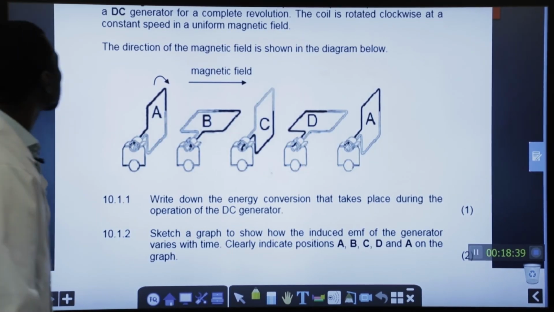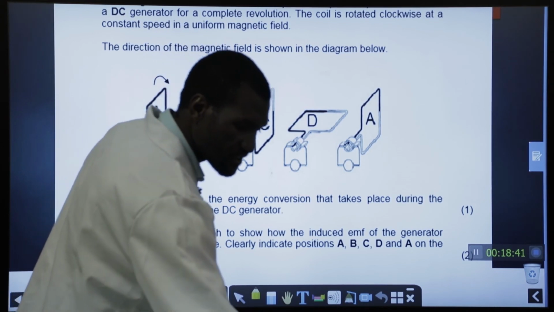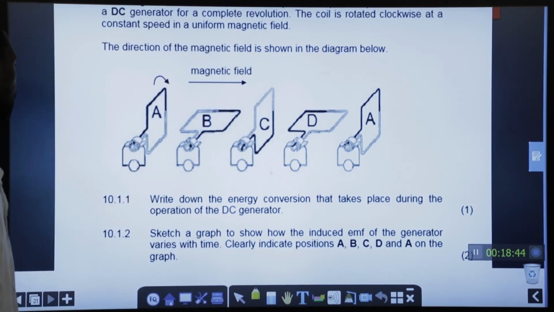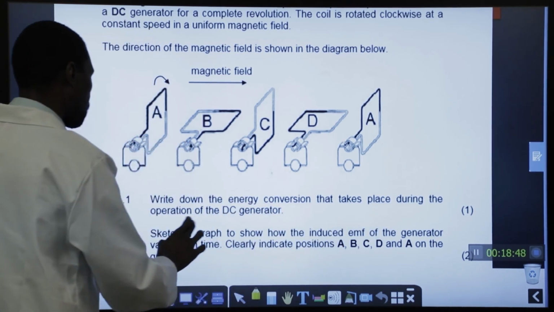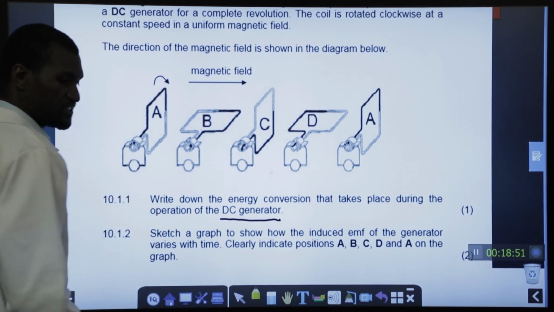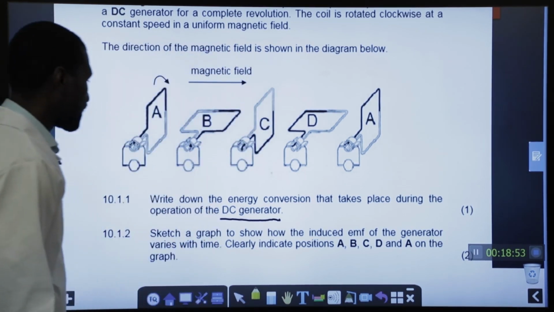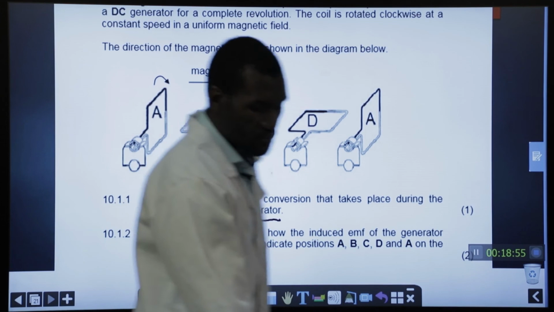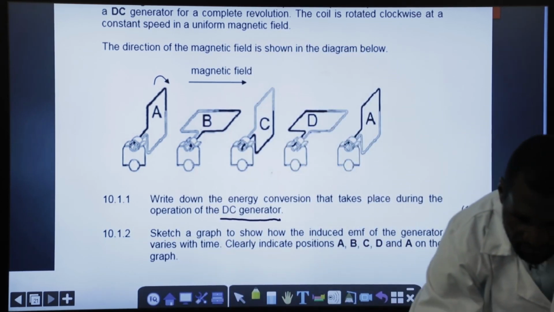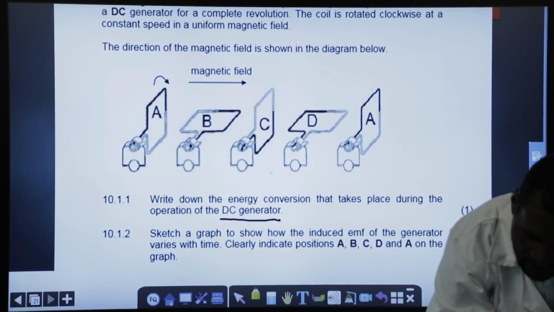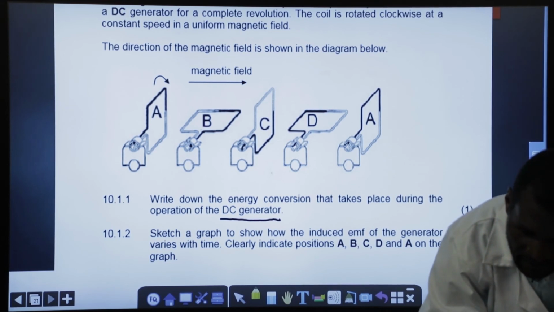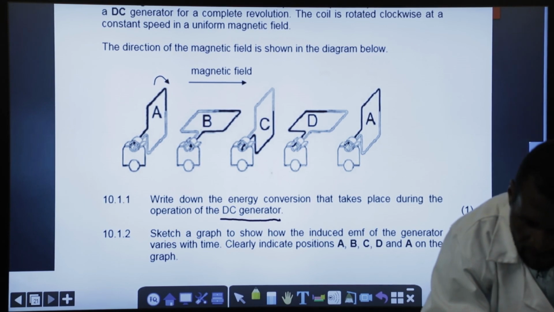It says, write down the energy conversion that takes place during the operation of this DC generator. I just need to read the top part so that we can have clarity on what's happening in the question.